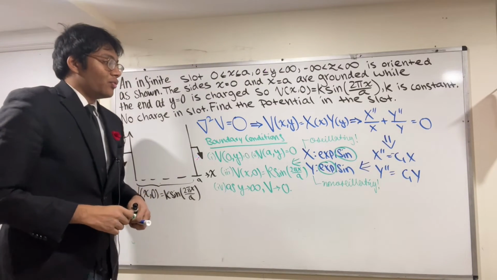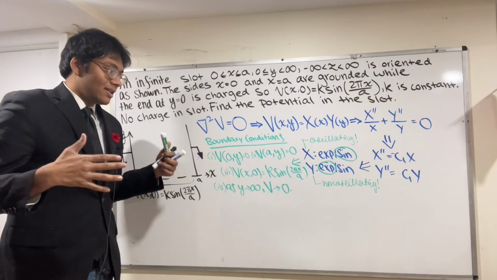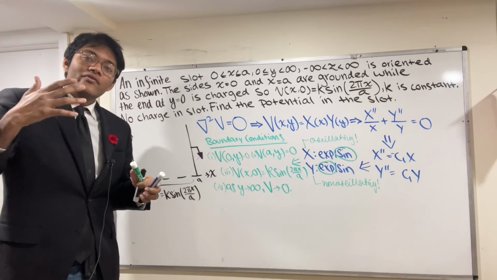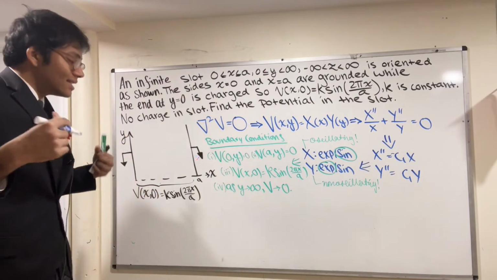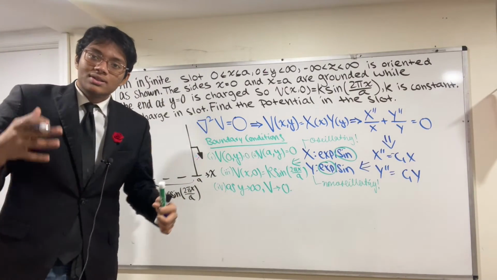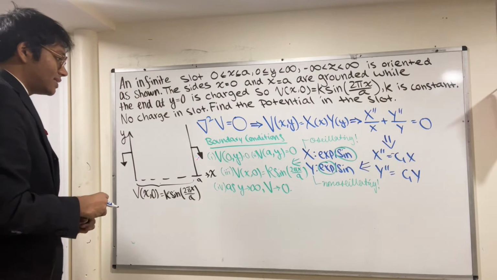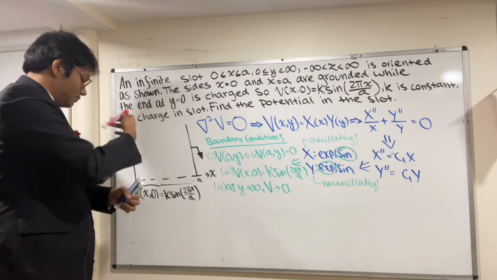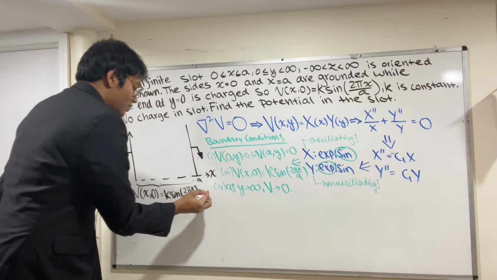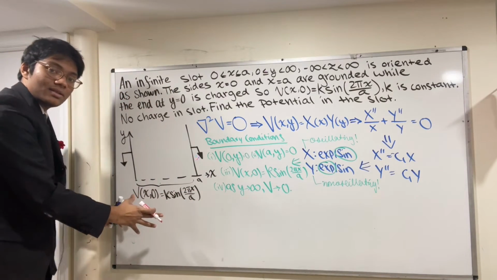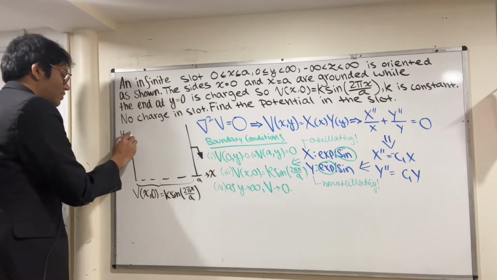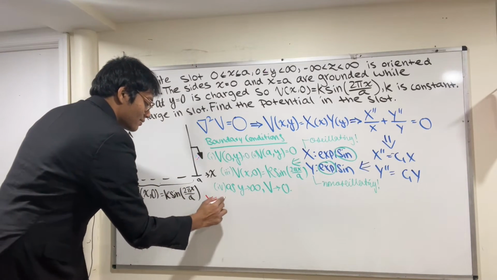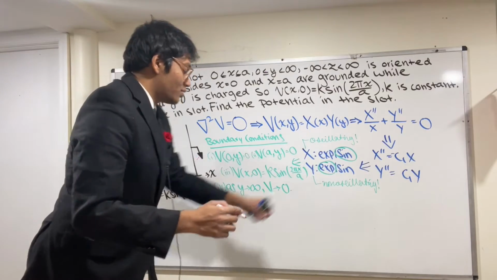Okay, so we figured out what kind of function x has to be and what kind of function y has to be. Now we can write out a general function for x and y as a linear combination of sinusoidals and exponentials. So let's do that. We can now say that x is a sinusoidal.